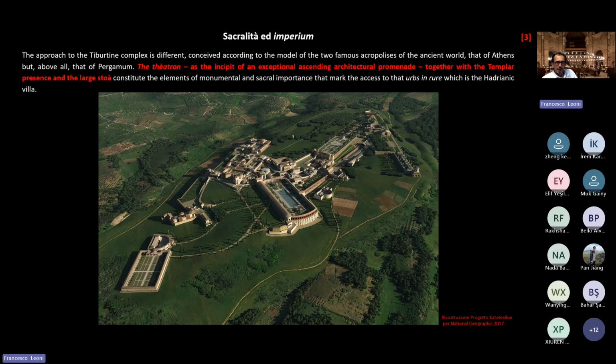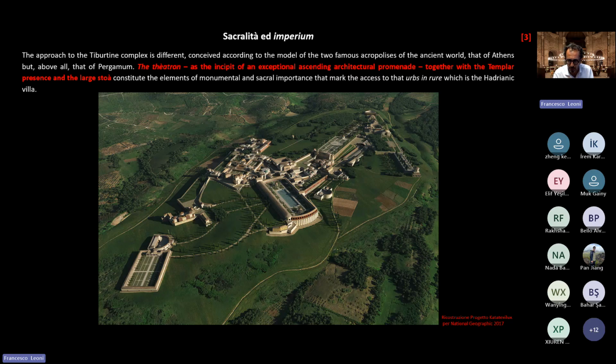In fact, while the villa of Nero was a kind of countryside installed inside the city of Rome, the villa of Hadrian is a kind of new city installed in the countryside.